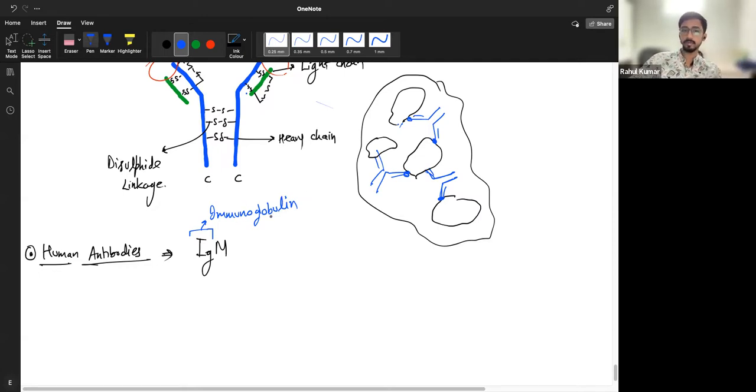So it's immunoglobulin. Now IgM, the M tells about what kind of antibody it is. So there are antibodies IgM, IgE, IgG, and IgA. Immunoglobulin M, immunoglobulin E, immunoglobulin G, and immunoglobulin A. Now I remember them through this word called MEGA.